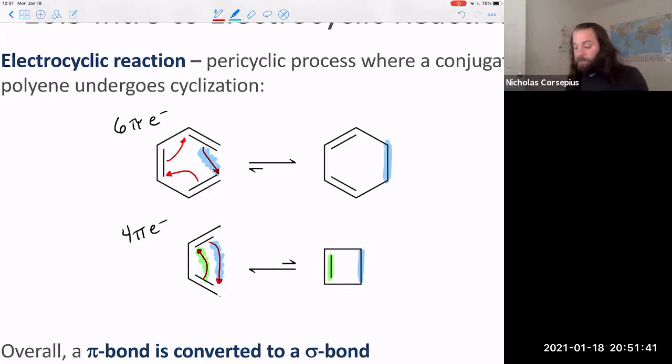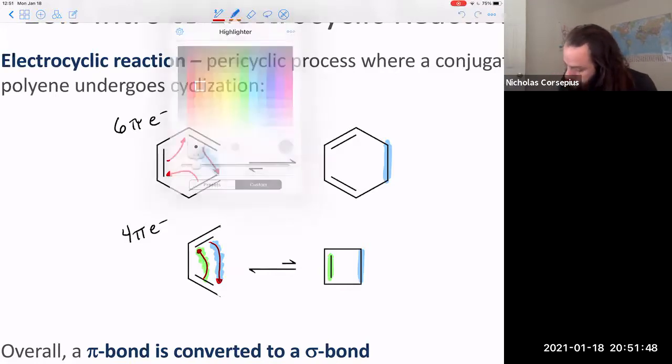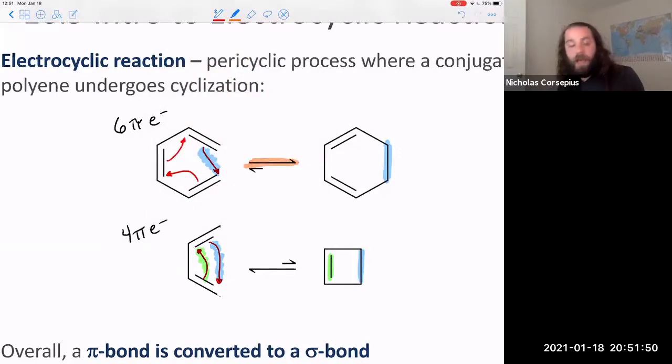Notice the way that the equilibria tend to lie. When you're forming a 6-membered ring, it's very much in favor of product formation. When you're forming a 4-membered ring, it is not. The equilibrium actually lies in favor of the reactants. Why might that be? Well, just remember the stability of these cyclobutanes.